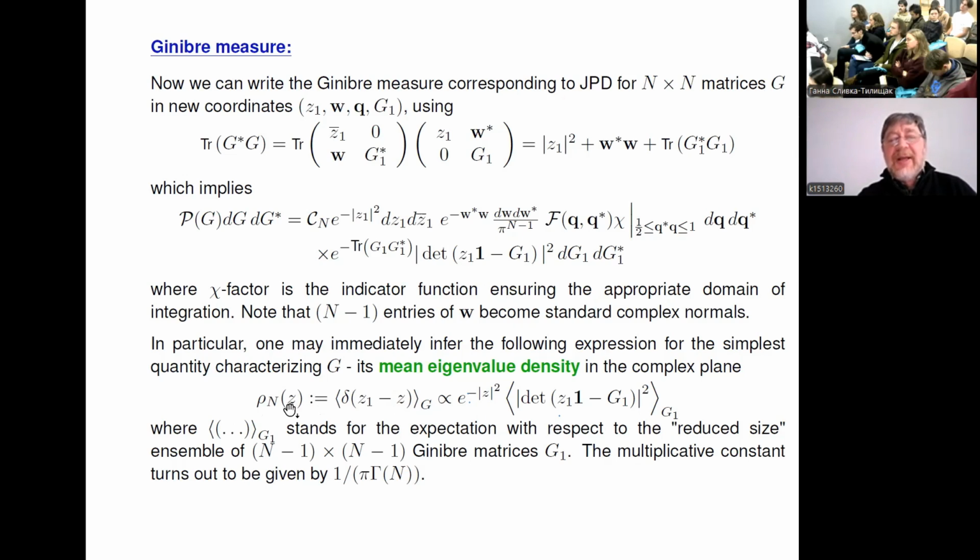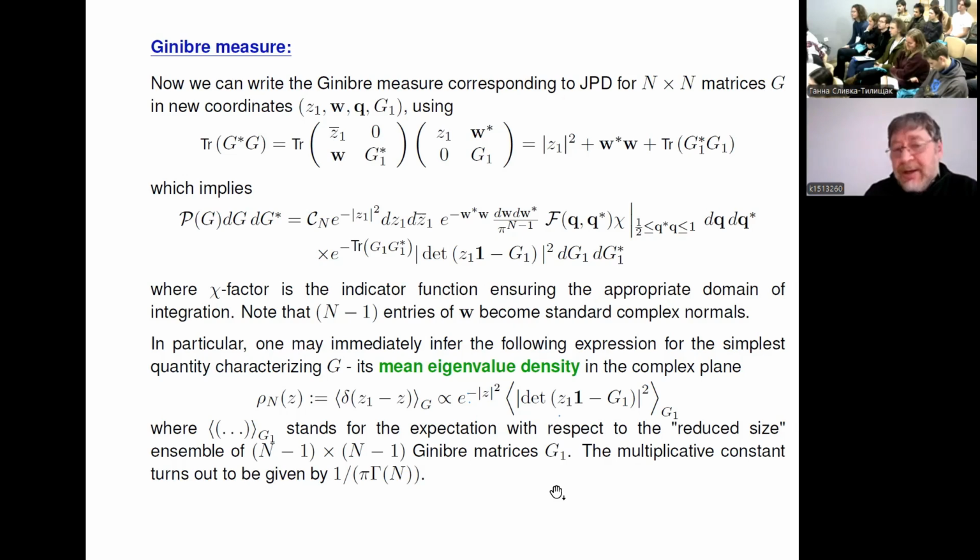I basically calculate the eigenvalue density at point z in the complex plane. For this, I just multiply with a delta mass and average over the whole ensemble, right? By definition, this will be the density of the eigenvalue, right? Right. Thank you. So it's just z here. It's not z1. It should be z.